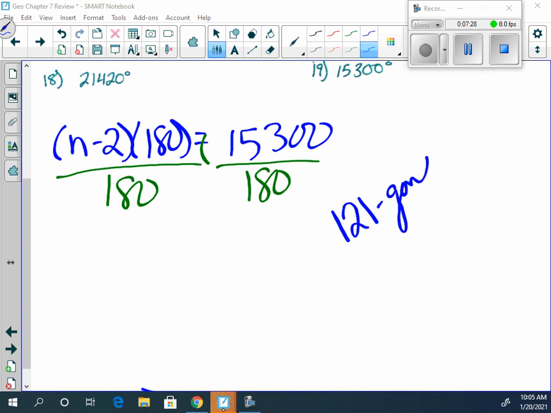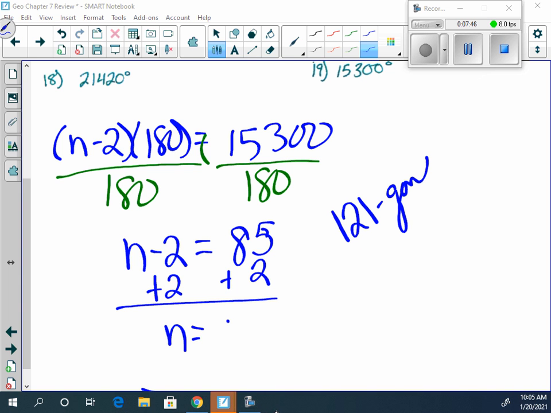And if I divide it by 180, I would get that n minus 2 is equal to 57, not 57, 85. Then we would add 2, which will tell us n is equal to 87. So we divide the sum by 180 and then add 2 to it to figure out how many sides it has.